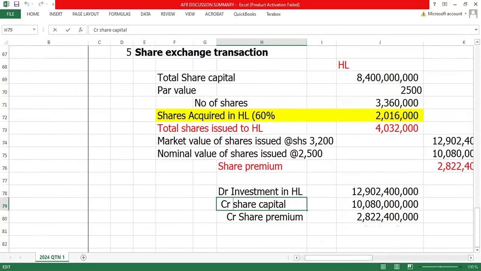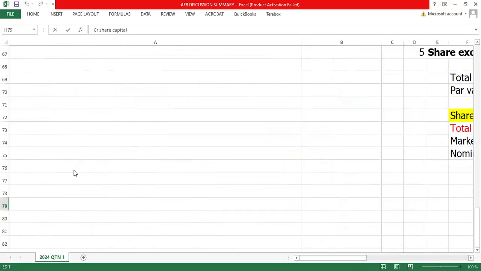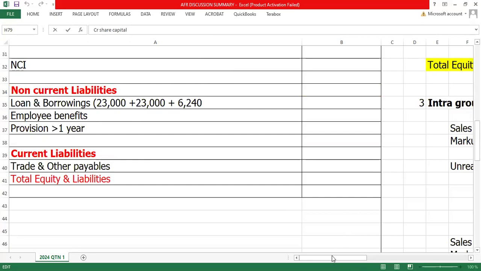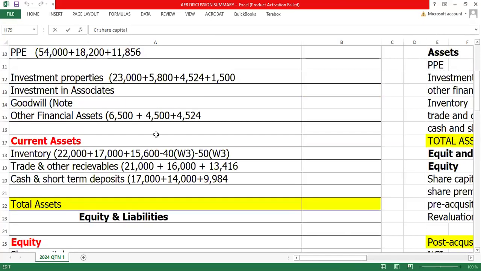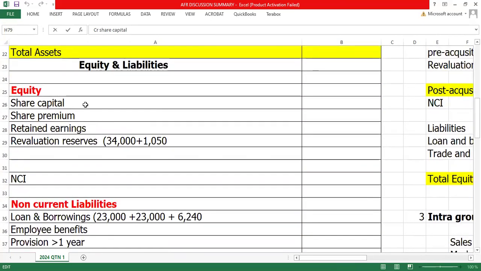Remember what you're going to do. You come to your share capital, your equity. Our equity is here.